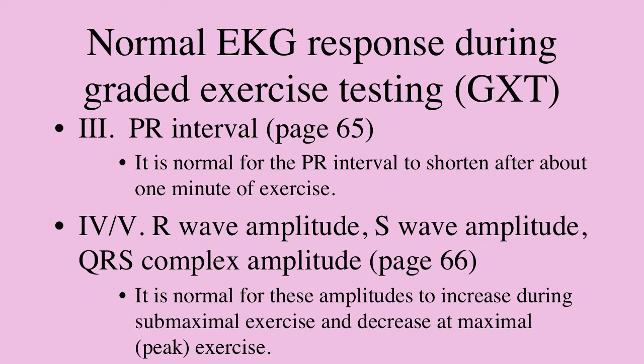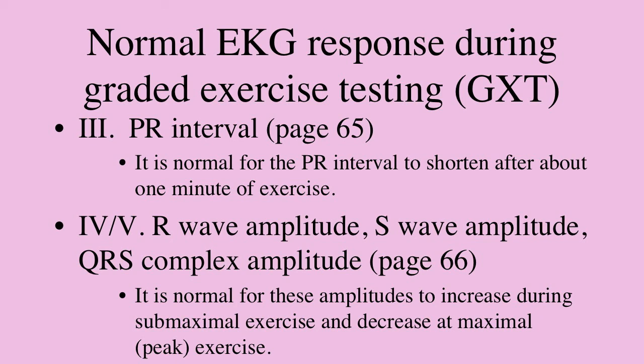It usually takes about a minute, and what's happening is that at first the AV node delay is in place, but then after about a minute of exercise, the sympathetic branch of the autonomic nervous system kind of takes over and makes things happen faster, and so the PR interval will shorten after about a minute of exercise. You can see on page 65 that there's a short PR interval.